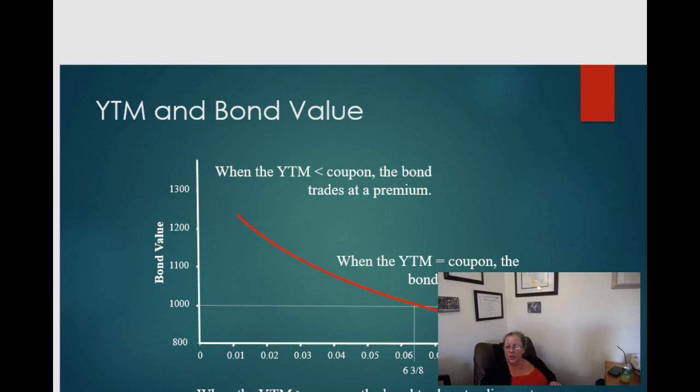And when the yield to market is equal to the coupon, then it would trade at par. So if the market rate is the same as the coupon rate, then you would be able to sell your bond for $1,000. But if the market rate is more than the coupon, which was the case we saw when it was 11%, then the bond is going to trade at a discount. So you can see it begins to fall below the par value.